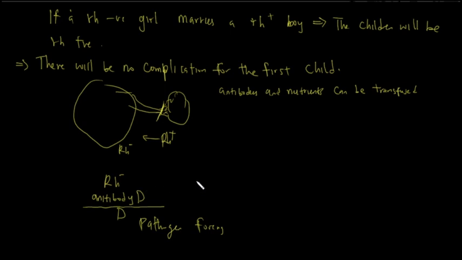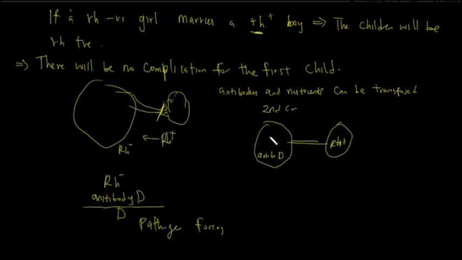Okay, good. Now, when there is the second conception, that second child, provided the dad is positive, would also be positive. Now, see what happens. If you have the mother and you have the child, this child is Rhesus positive. Remember that at second conception, the mother already has antibody D produced and stored in her body. Am I communicating with you?